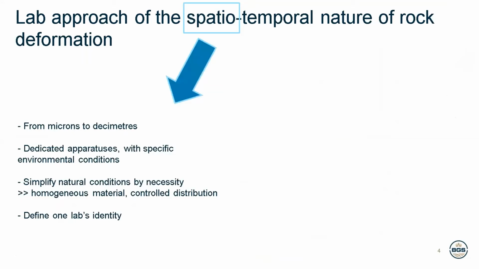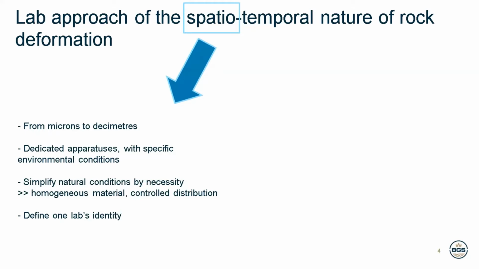Now, if we look at the spatial scale, we work over lots of scales, typically between microns and decimeters in terms of the sample scales that we look at in the laboratory.